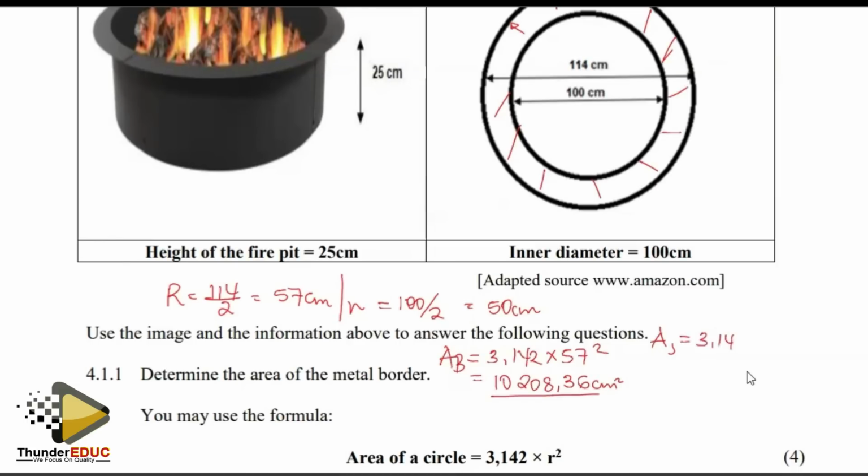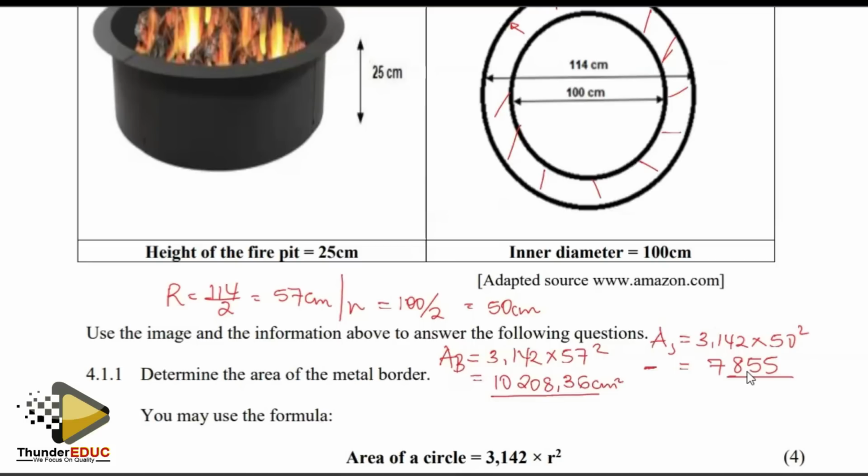So we end up having 7,855. We need now to subtract these two.